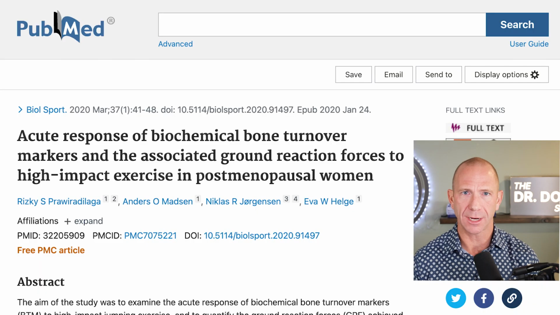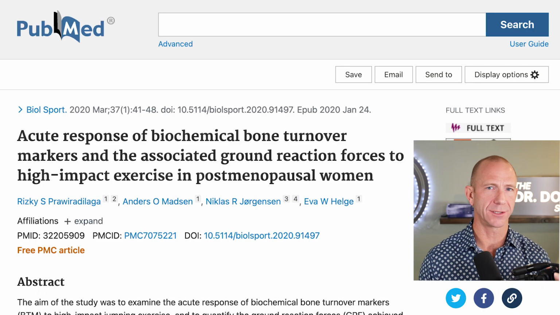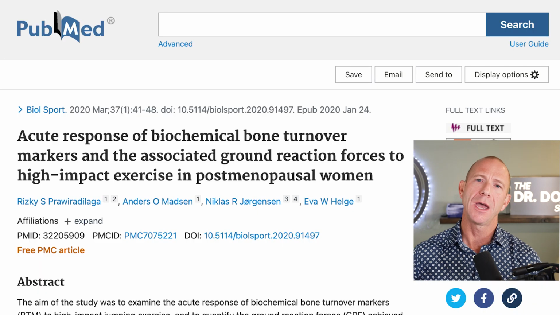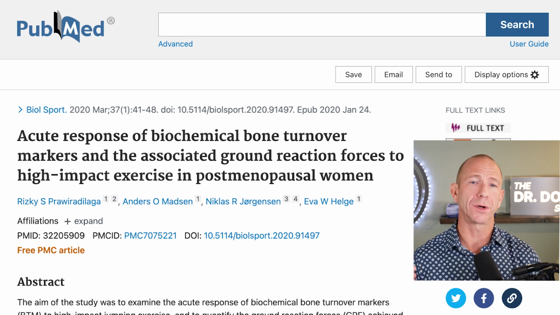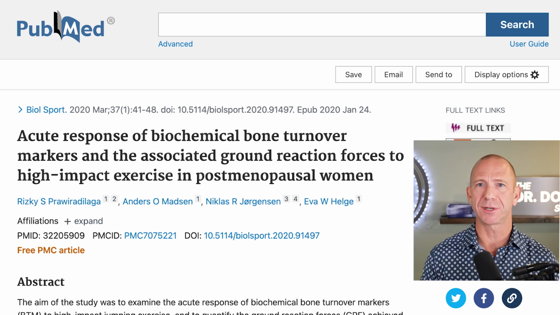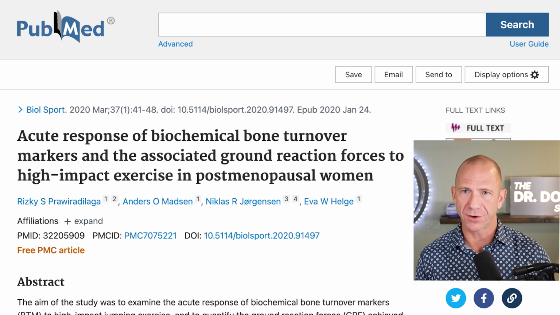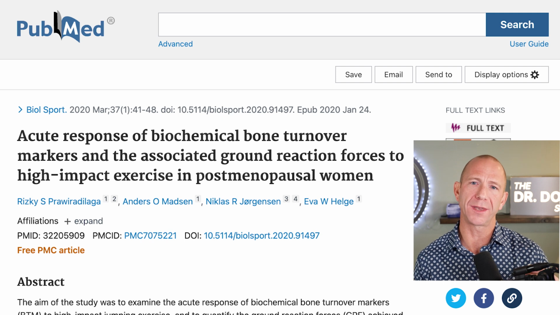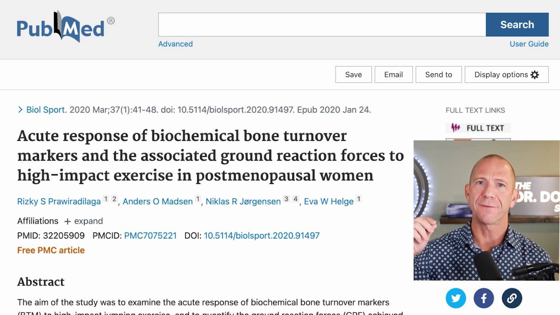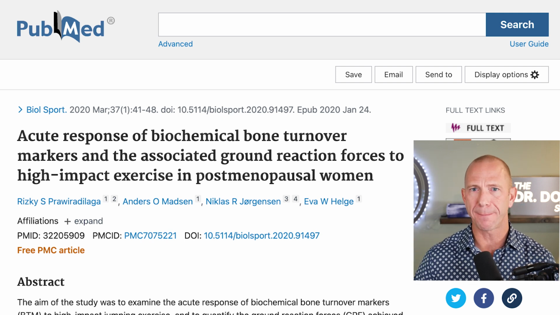But this third study I want to talk about from 2020, they talk about all kinds of resistance training and aerobic exercise. But what was really cool about this study is they also looked at a very short intervention, and they looked at impact. And what was cool about this is that they looked at P1NP after a short intervention of impact, and they looked at different types of jumping.